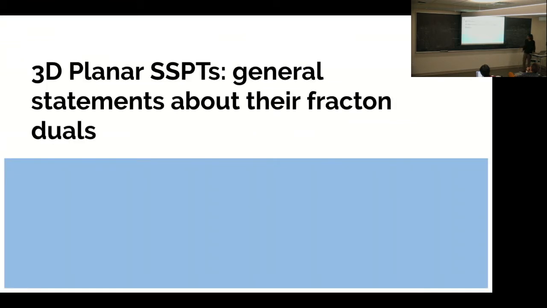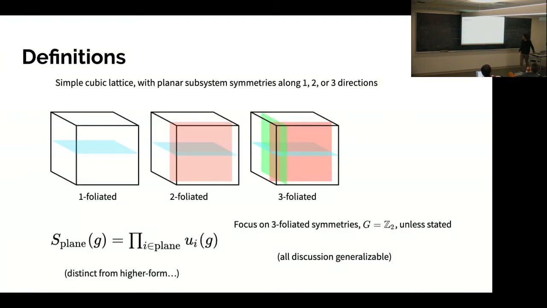Okay. So what do we know about Fracton models that are dual to SSPTs? Let me first start off with some definitions. I'm always going to work on a cubic lattice, and there are symmetries that can act on, say, only the xy plane, or xy and yz, or all 3 directions. And these 3 cases are what I call one-foliated, two-foliated, three-foliated symmetries.